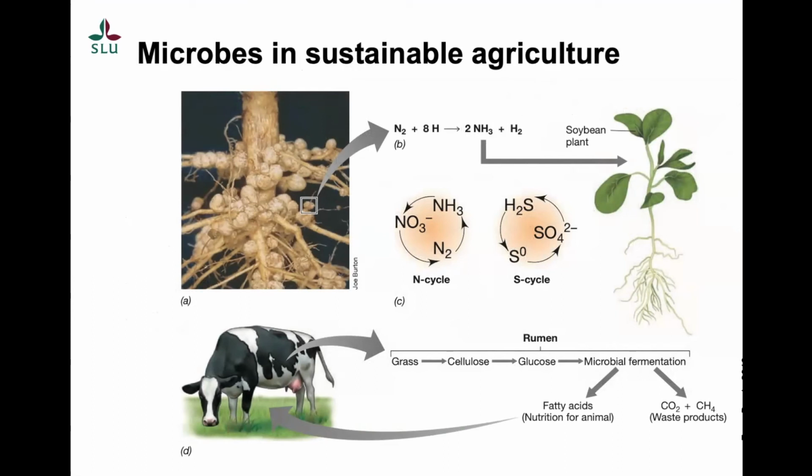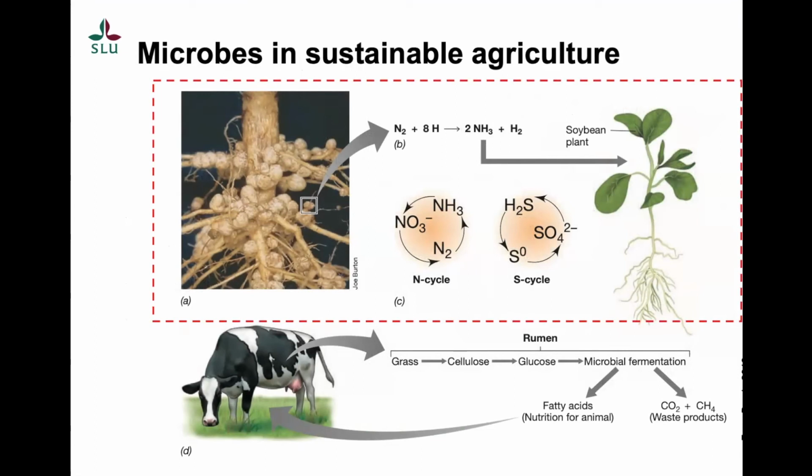And it's a good transition from biogeochemical cycling, because really, when we're working in soil systems and we're working with crop production, we're trying to manipulate these biogeochemical cycles to maximize the nutrients that are available to the plants, in addition to trying to keep the plants healthy in their capacity to fight off diseases, to produce higher yields of whatever it is that they're producing for the food product that we want. And like I said before, I'm going to leave the part about rumens and animals for next week.